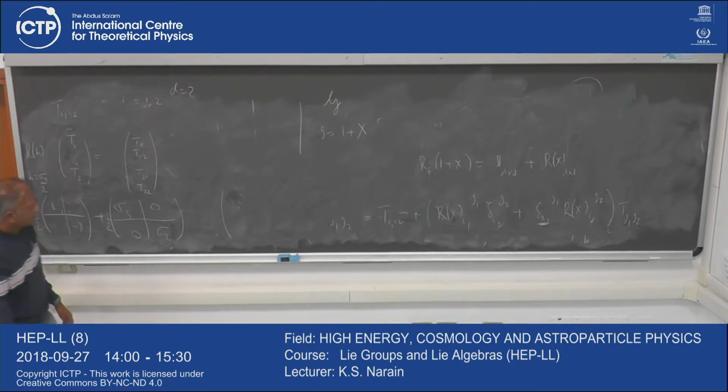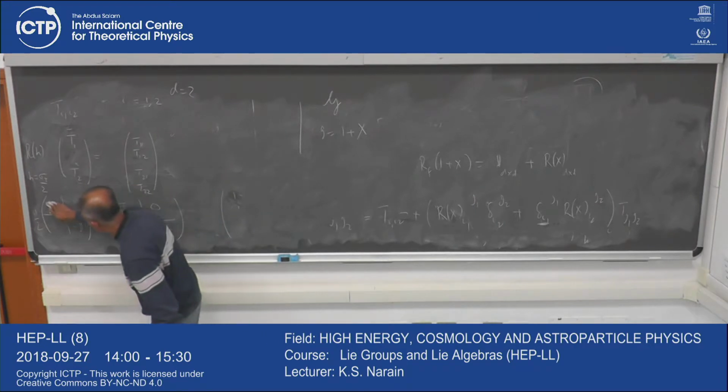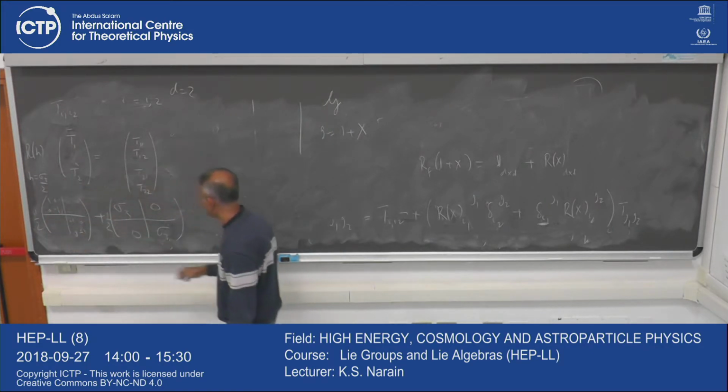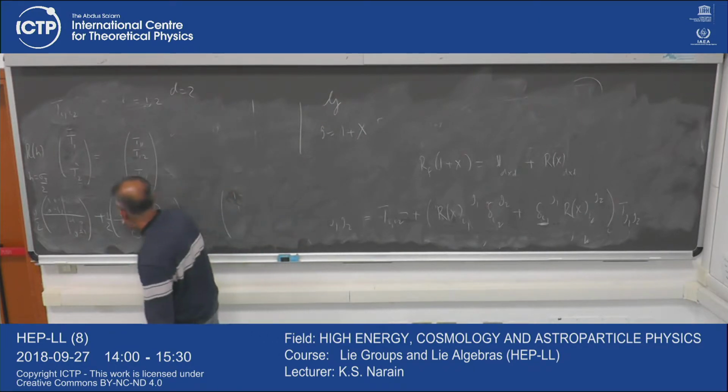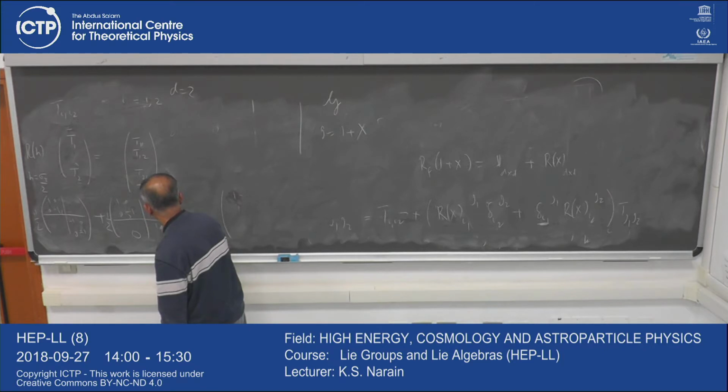So you get here 1. Remember this identity is what? If I put it in gory detail, it is 1, 1, 0, 0. And here it is minus 1, minus 1, 0, 0, right? And then just add that up. Sigma 3 here is 1, minus 1, 0, 0. And here is 1, minus 1, 0, 0.